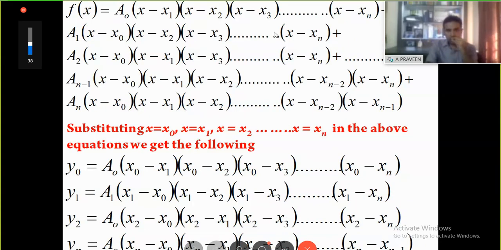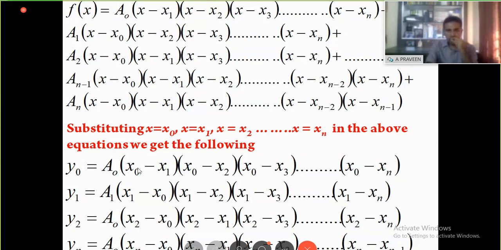Now, if you look at this, we have x0, x1 till xn. If I substitute x equal to x0, let's look at this value alone, into this function, f(x) equals a naught times a series of these terms until an times a series of this term.